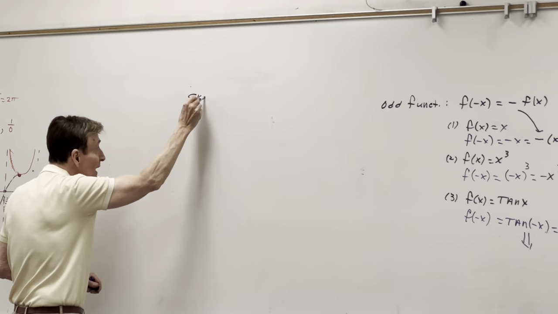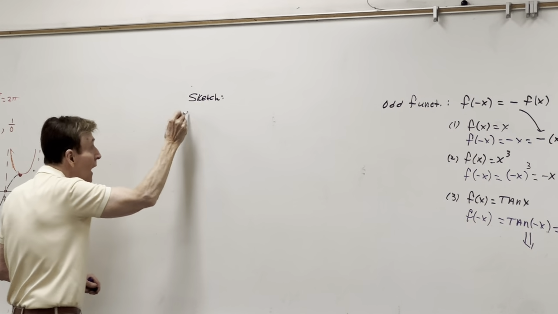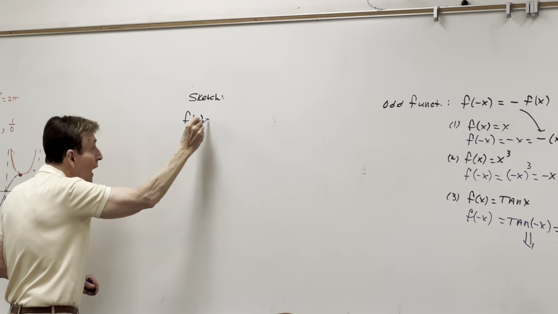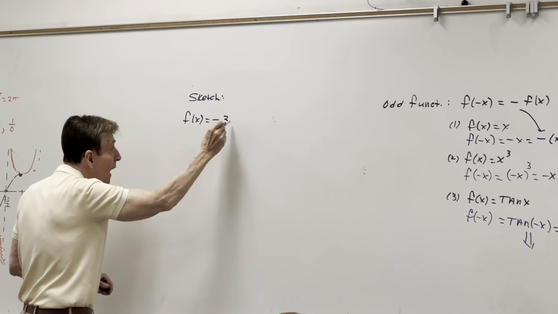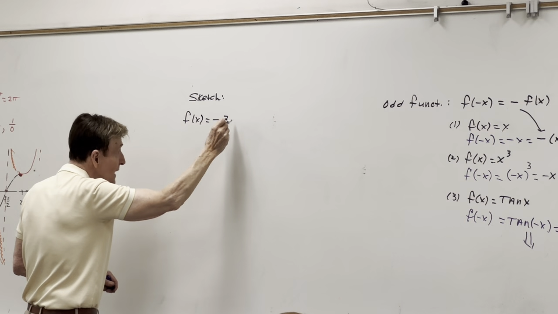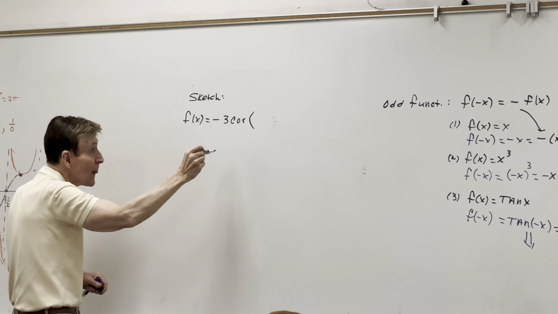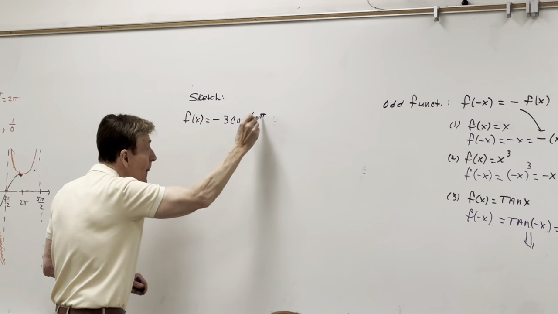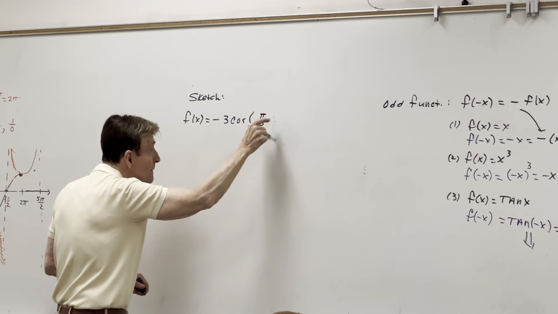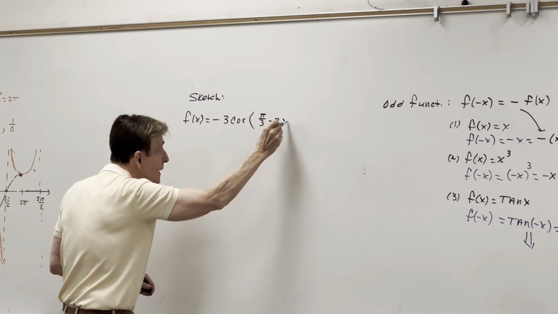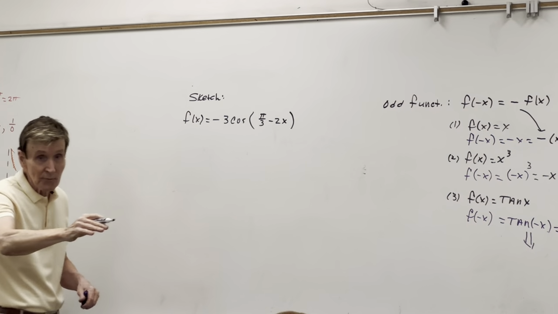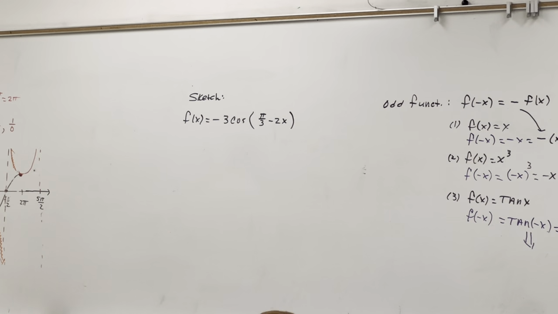I'm asked to sketch what? f of x equals cosine, pi over 3 minus 2x. Like that. Beautiful. And they want you to graph that, using transformations.